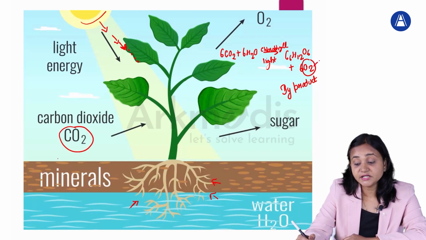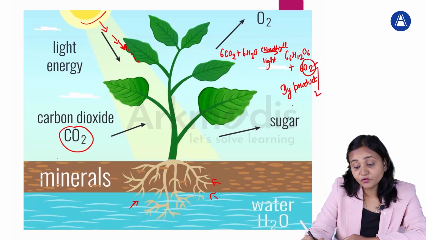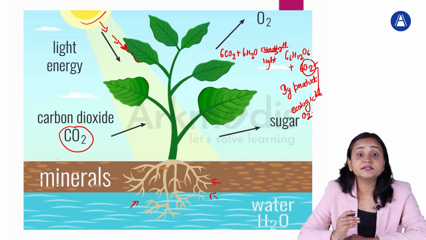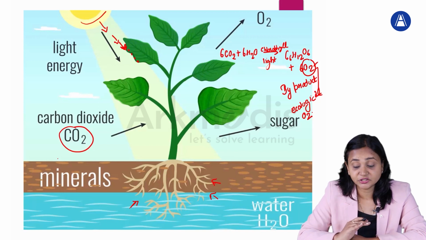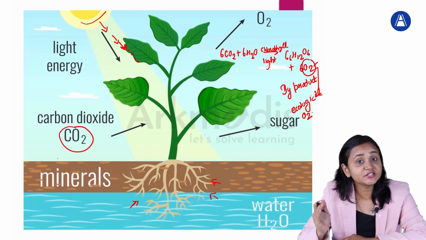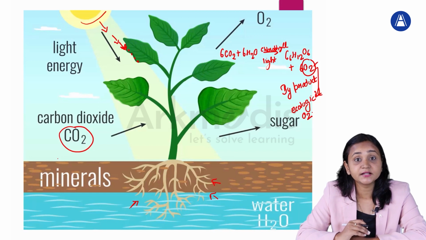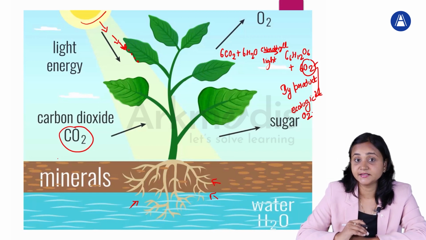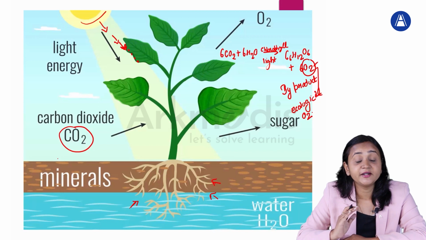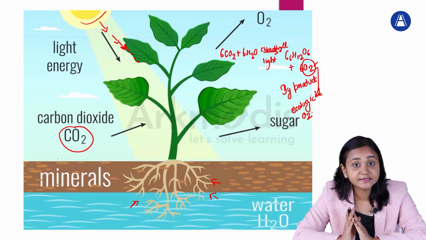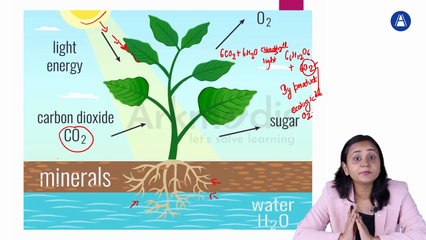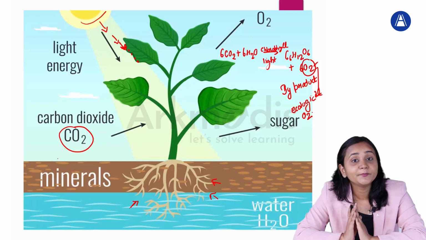Now this oxygen is responsible for maintaining the ecological oxygen balance, like the earth is the planet which supports life, and it is because of oxygen. This is the oxygen released by the plant which helps in the survival of living organisms. So that is why we are advised to plant more and more number of trees, so that this oxygen ecological balance can be properly maintained.